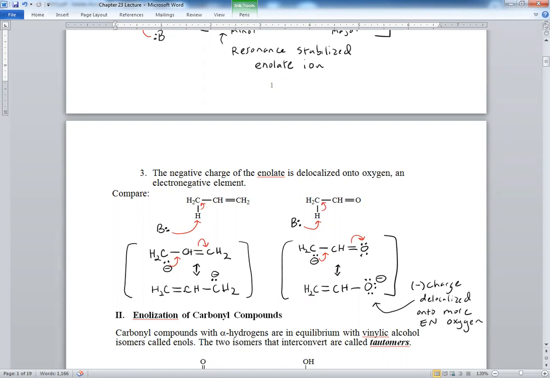Here you have a carbon and a carbon. Here you have a carbon, but an oxygen, and an oxygen with a negative charge is much more stable than a carbon with a negative charge. It's not as electronegative.